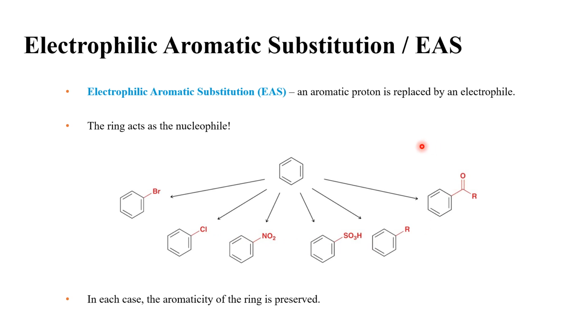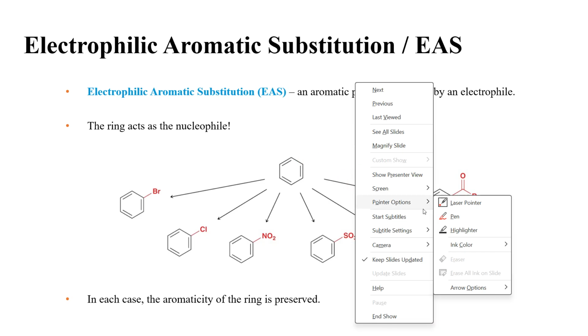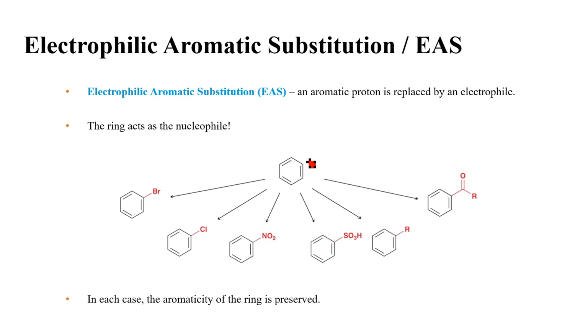They basically go through the same process. They're all substitution reactions, right? They're all replacing this proton, this hydrogen, with any one of these groups. So there's a ton of these different reactions.